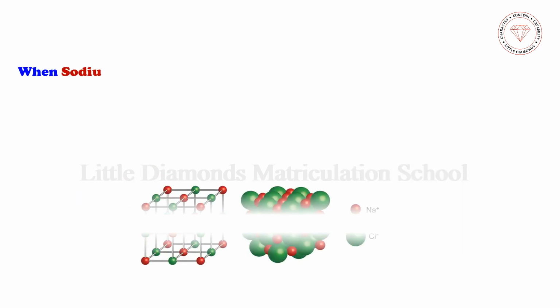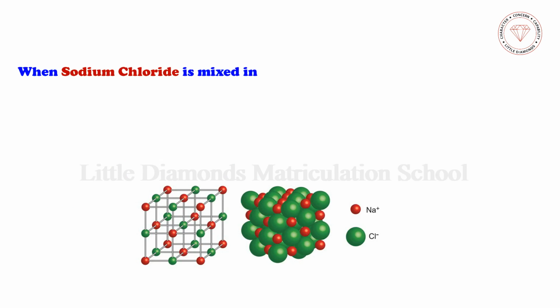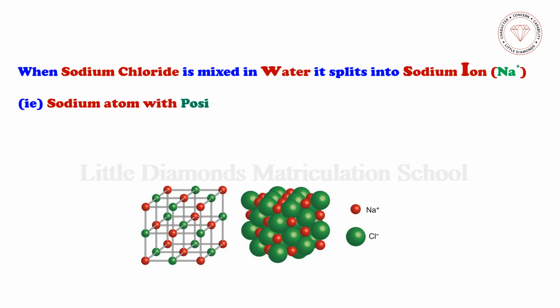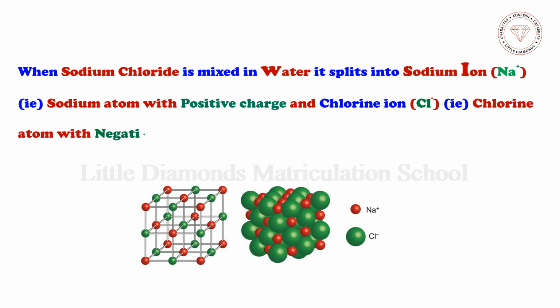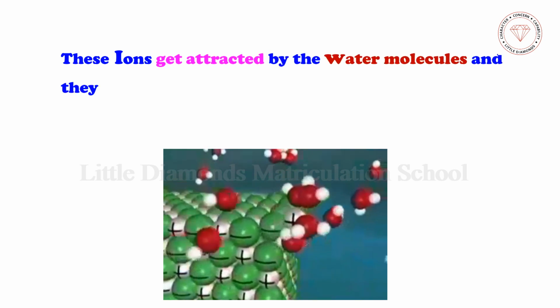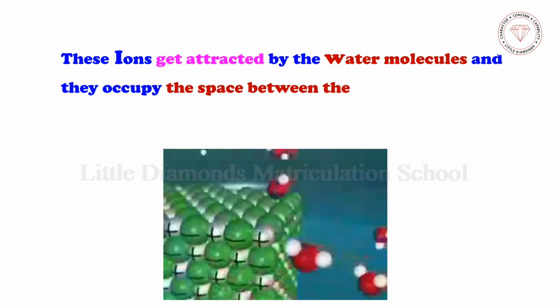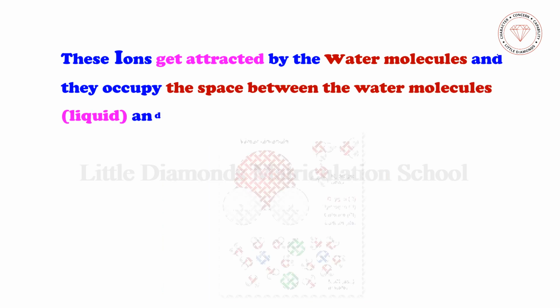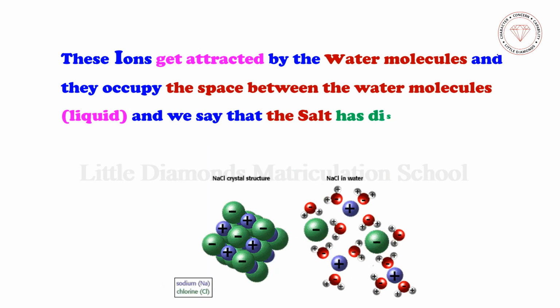When sodium chloride is mixed in water, it splits into sodium ion Na+, that is, sodium atom with positive charge, and chlorine ion Cl-, that is, chlorine atom with negative charge. These ions get attracted by the water molecules and they occupy the space between the water molecules, and we say that the salt has dissolved in water completely.